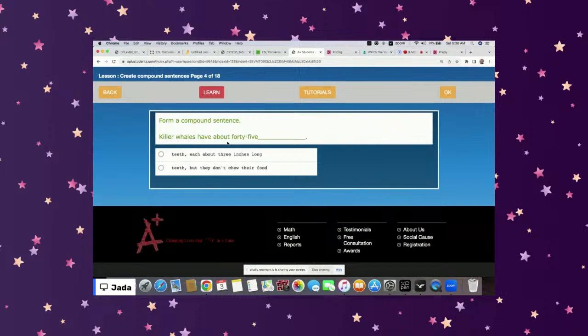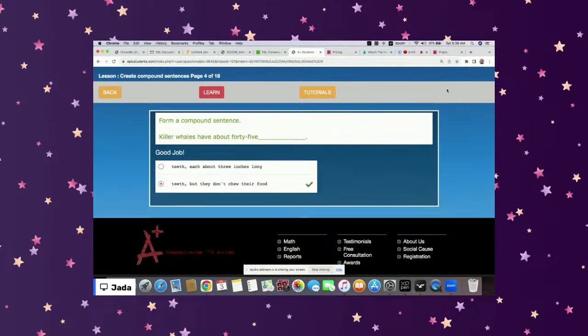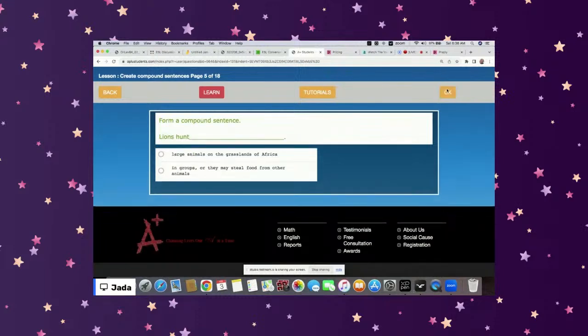So, killer whales have about 45 teeth, but they don't chew their food. Okay? So the second one. Lions hunt large animals on the grassland of Africa, or lions hunt in groups, or they may steal food from other animals.